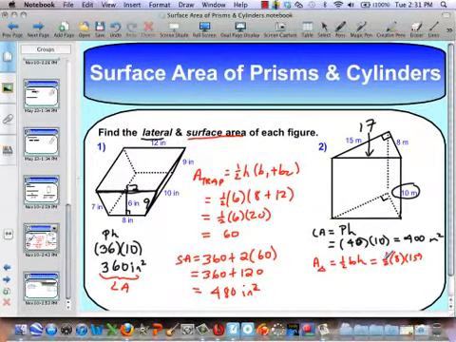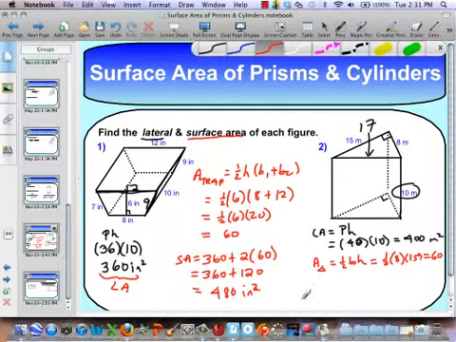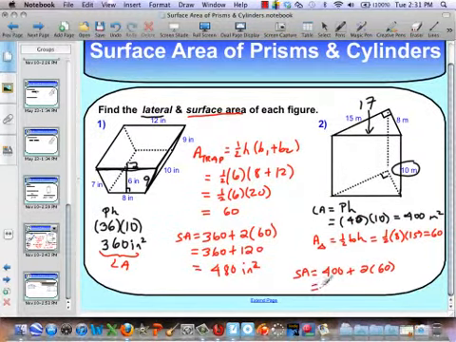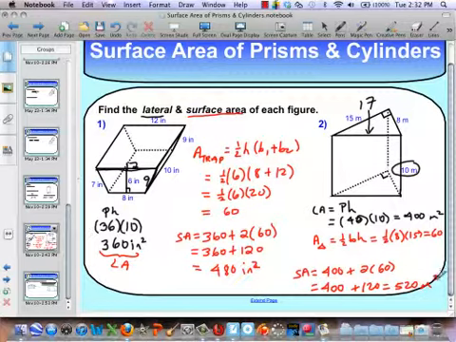What's 1/2 of 8? What's 4 times 15? 60. So therefore your surface area is the 400 plus twice the area of your base. So that's 400 plus 120, which gives us 520 square meters.